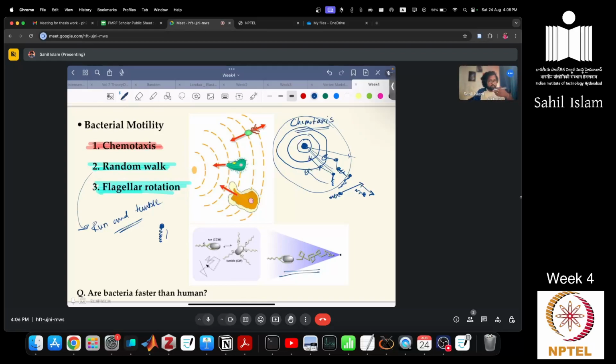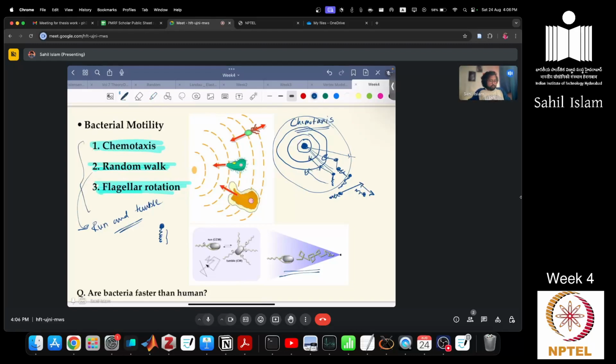In the same way it flips its flagella in a periodic manner, and the viscosity of the medium helps it go forward. So bacteria do this kind of motion in a particular medium usually.